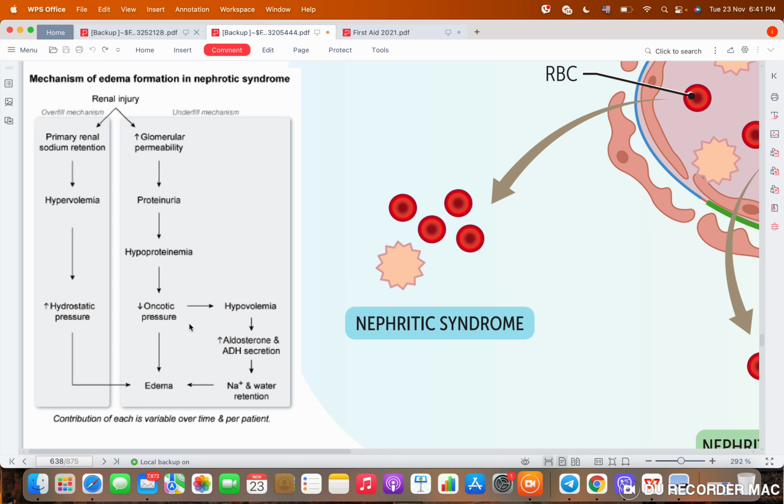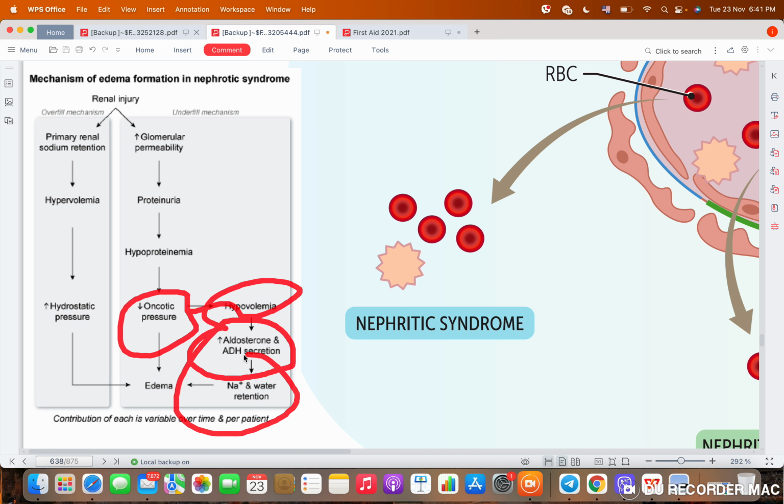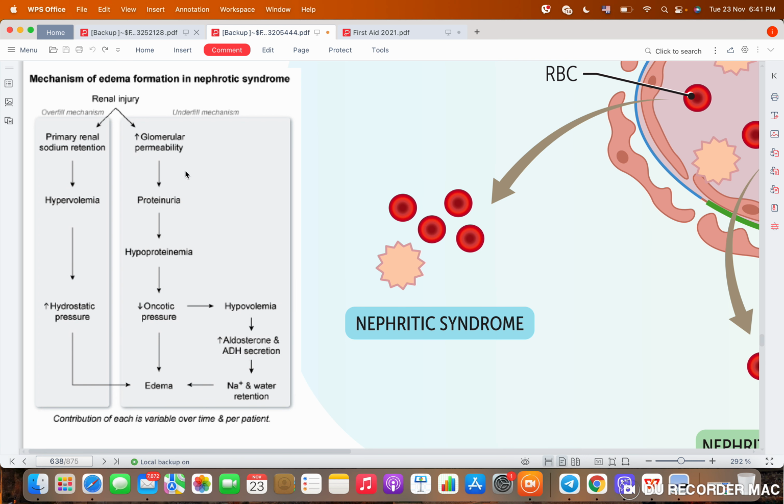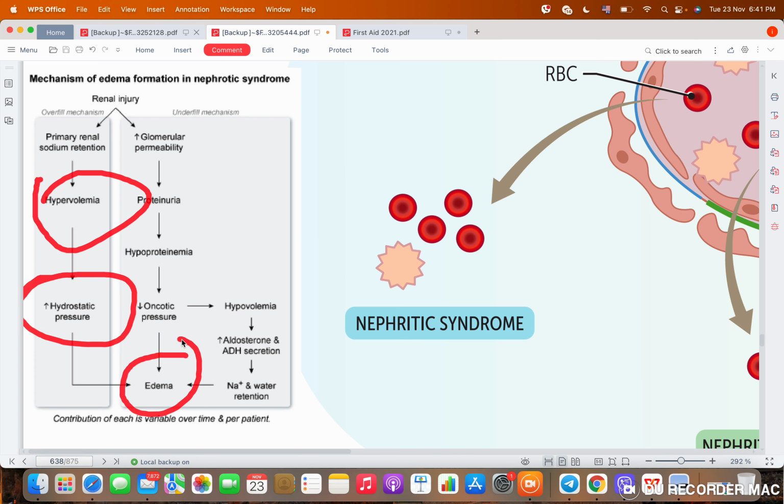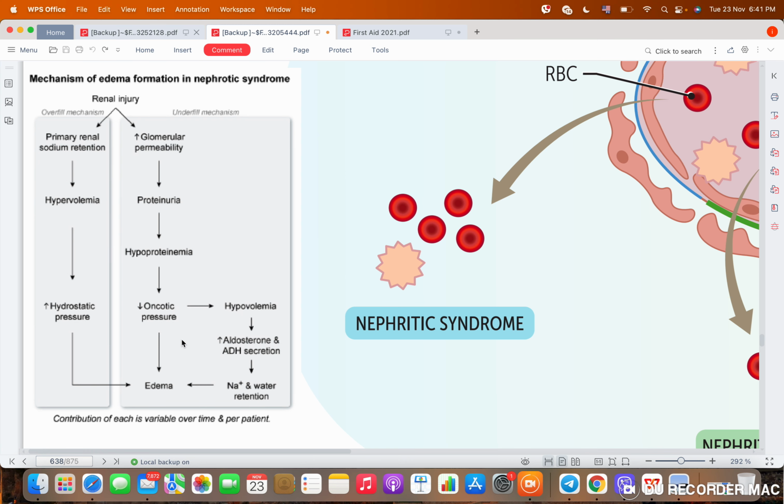Also, decrease in the oncotic pressure leads to hypovolemia, activation of the RAS, leading to more sodium and water retention. Yep. The primary renal sodium retention can lead to hypervolemia as well, increasing the hydrostatic pressure, which leads to edema as well. Anyway, this stuff we'll speak about later.